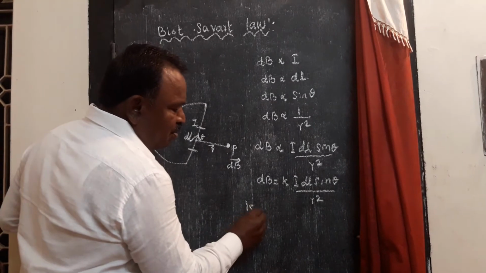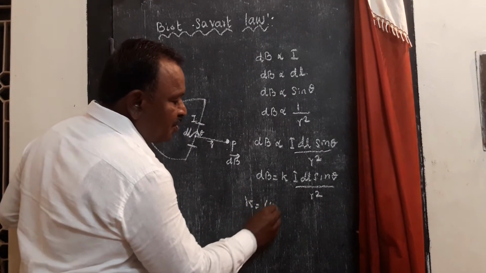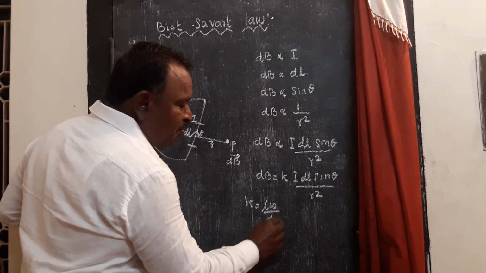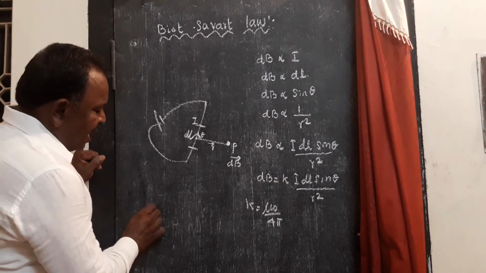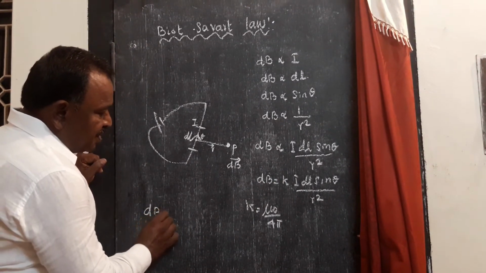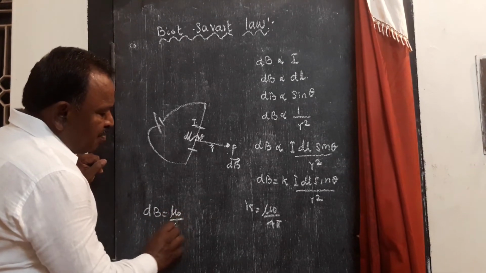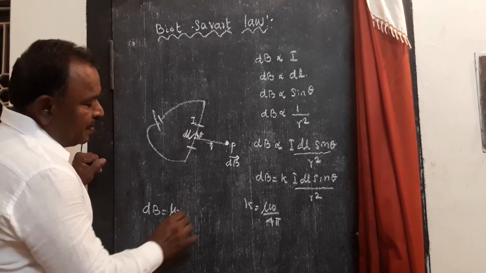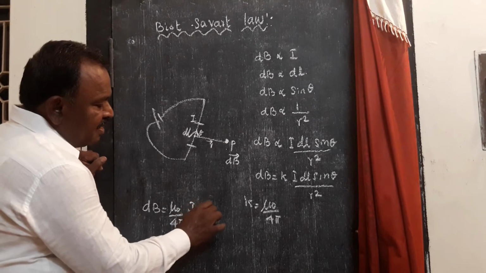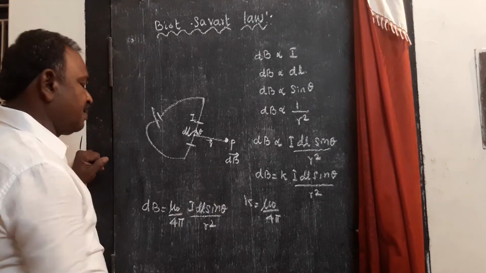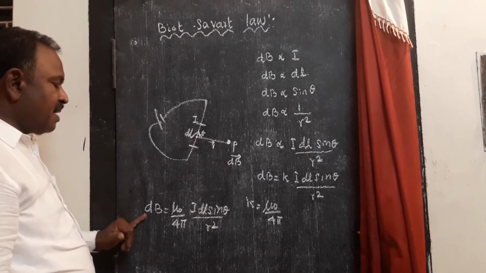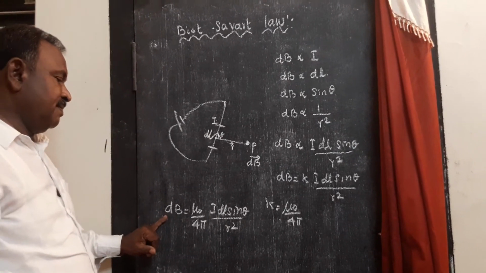This constant of proportionality takes the value mu naught by 4 pi. Substituting this, we have dB is equal to mu naught by 4 pi, I dl sine theta by r square. We know magnetic field is a vector.